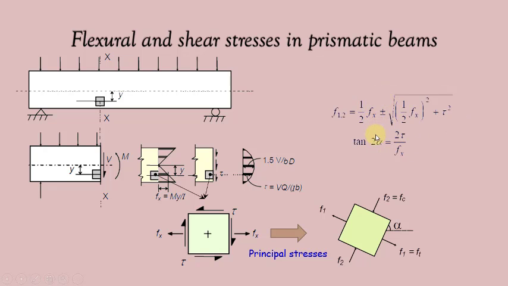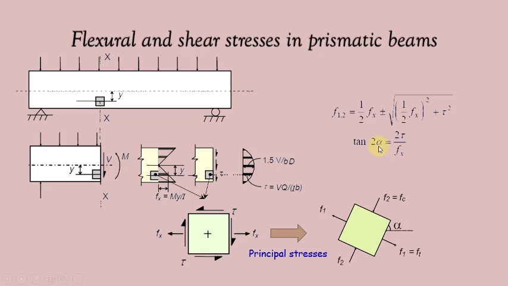I assume you are familiar with this expression from your study on strength of materials. Here F1 is tensile in nature and F2 is compressive. For different values of y, we get different values of flexural stress Fx and shear stress tau. So F1, F2 and alpha will be different.